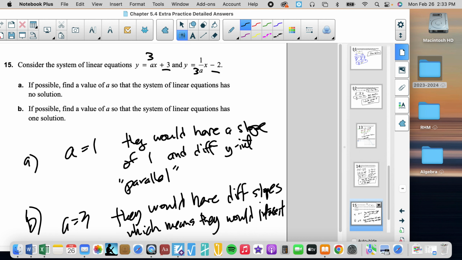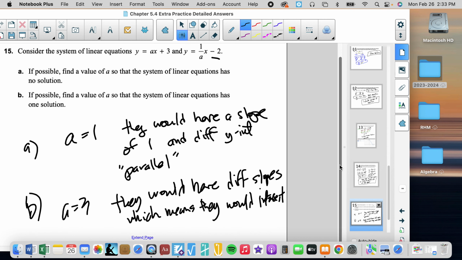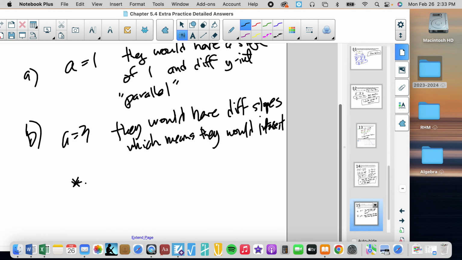There you go. And 4 would work, 5 would work, 6 would work, negative 2 would work. Every number except for 1 and 0. So let's do that. Every number, or all real numbers, except for 1 and 0.